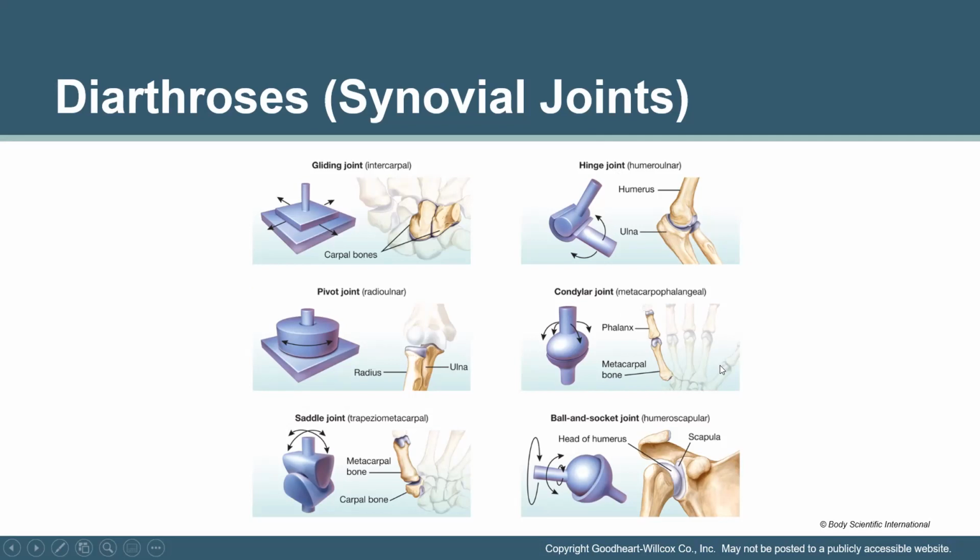A condylar joint. This would be an example of your fingers, your phalanges connected to your hand. So the planes of movement and the directions it can go may be various directions and ways it can go.